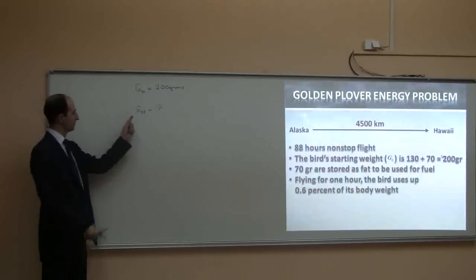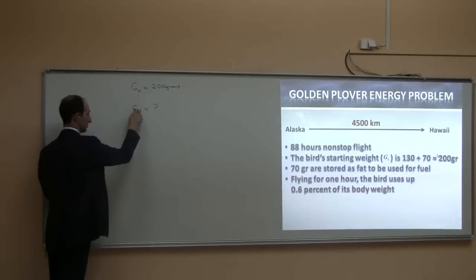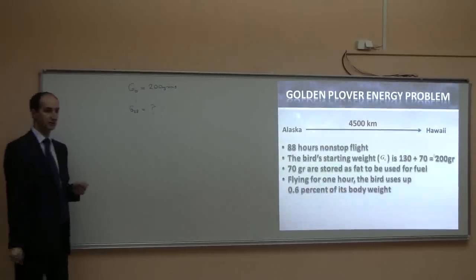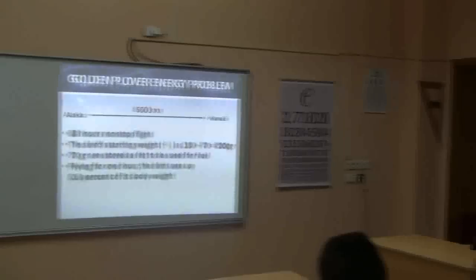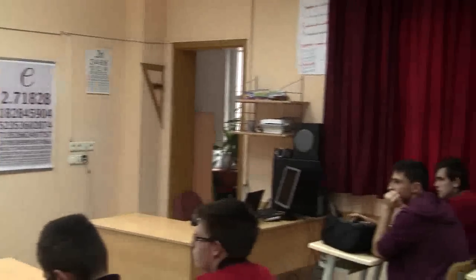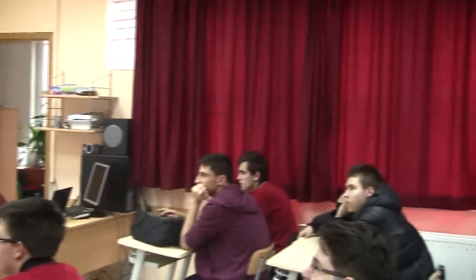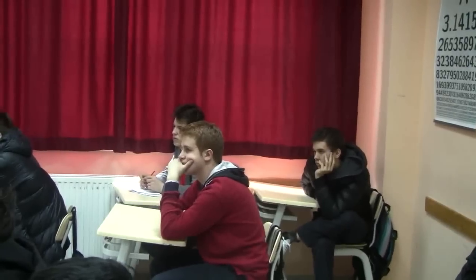What is the meaning of G of 88? Yes, after 88 hours, what will be the weight of our bird? But consider this information: we have 70 grams of fuel. If it uses more than 70, it will die.